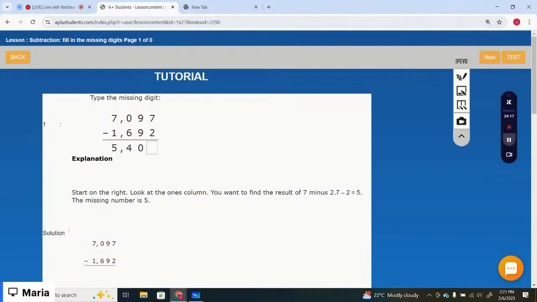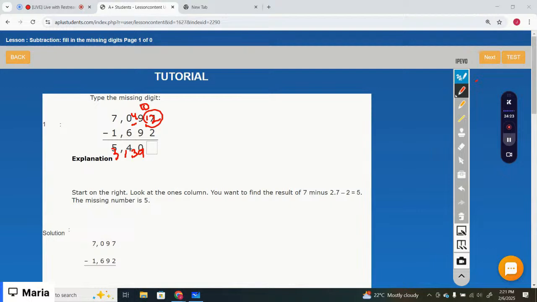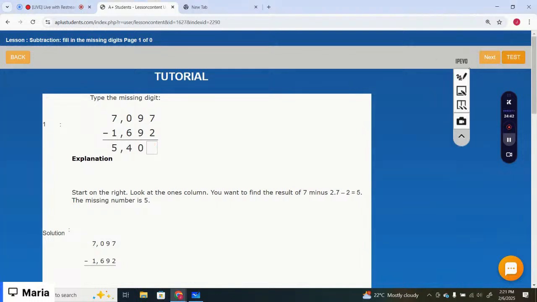Type the missing digits. So 7 take away 2, that is 5. So the missing digit is 5. That is the ones digit. So that is very easy to find the ones digit, right? Let's just start with the test questions.